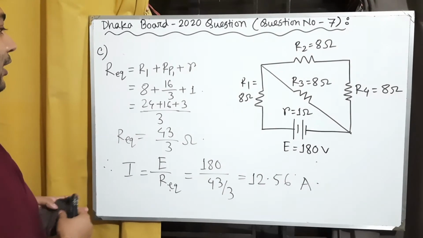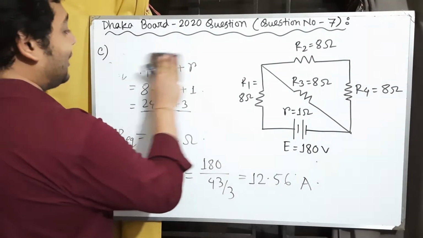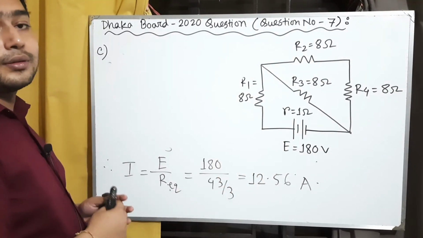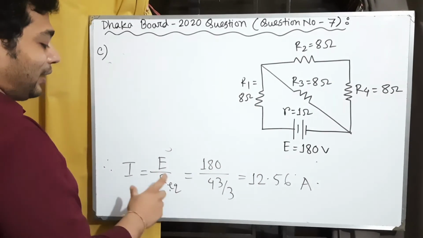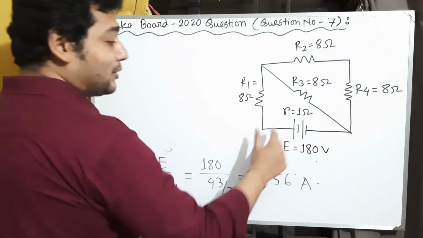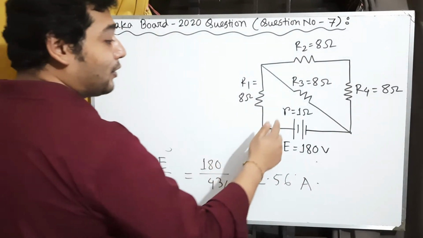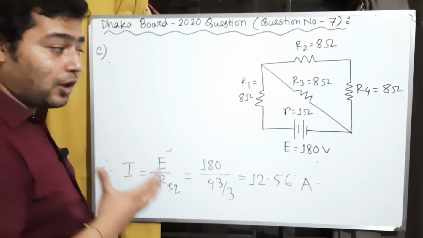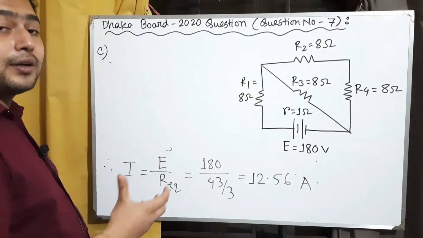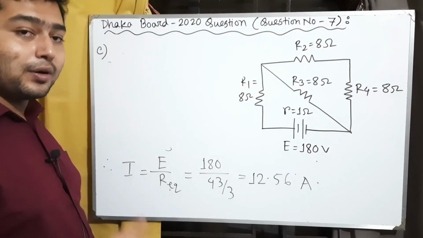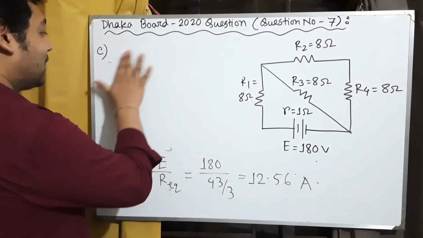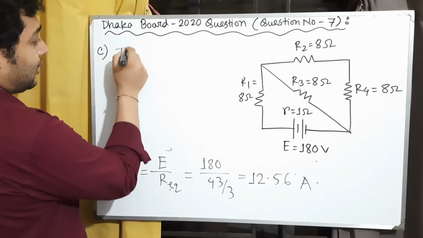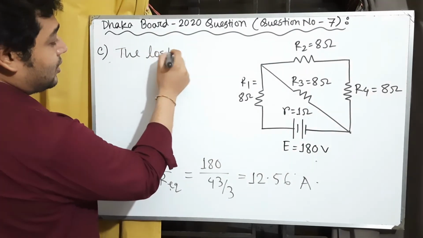Now this current also passes through the cell. When this current passes through the cell, because of the internal resistance we lose some voltage or potential.